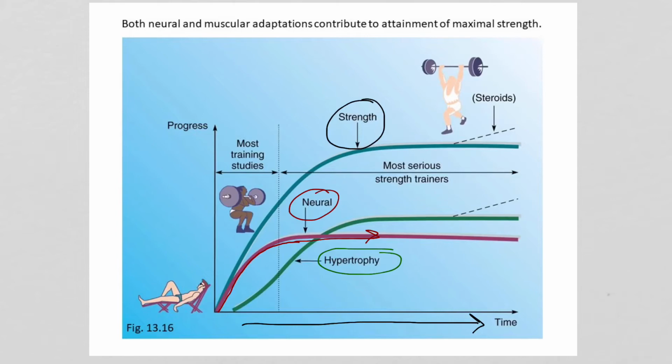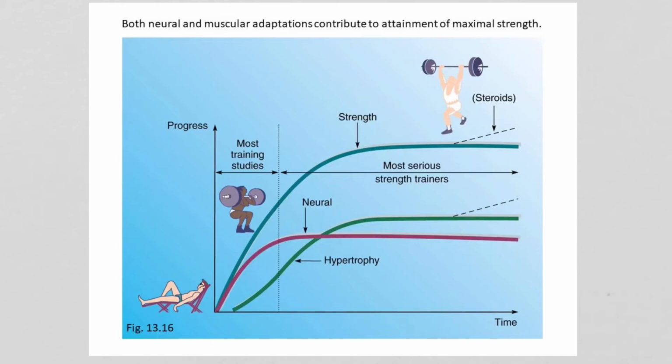But then you can see after about this point here that any changes in overall strength are going to almost exactly be paralleled by the changes in hypertrophy, showing that those gains in strength after the neural component has plateaued are all generated by the increases in muscle size.